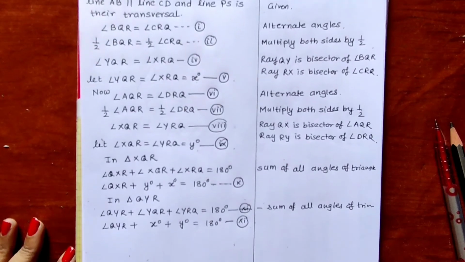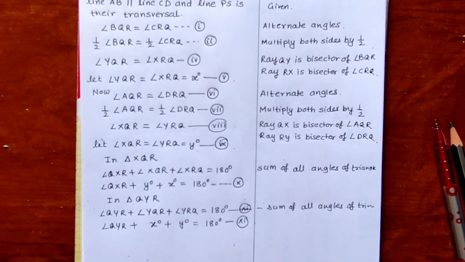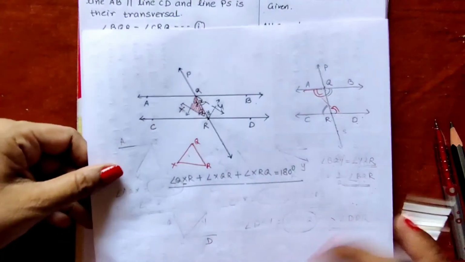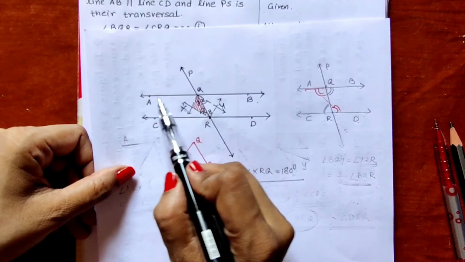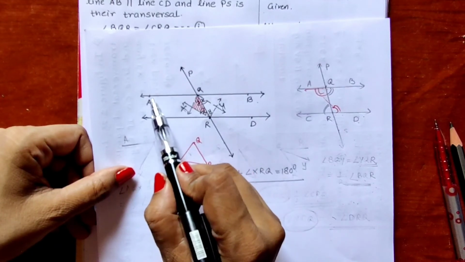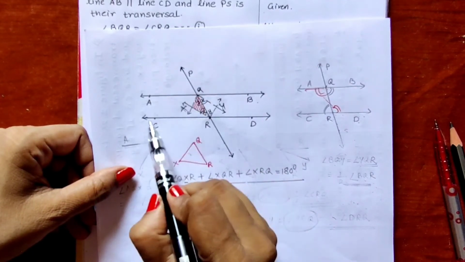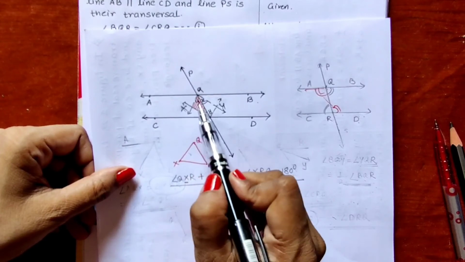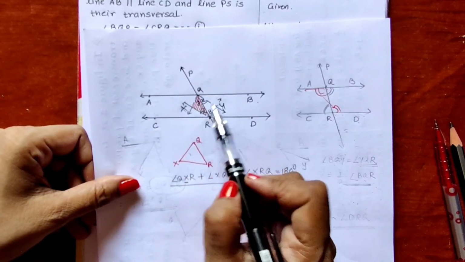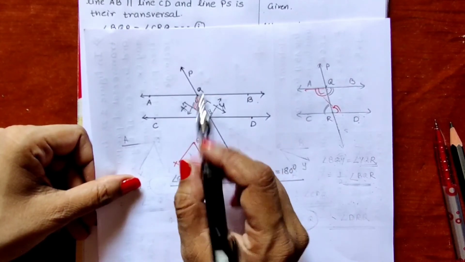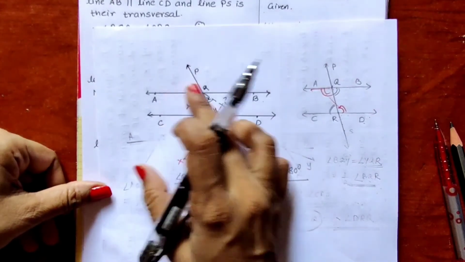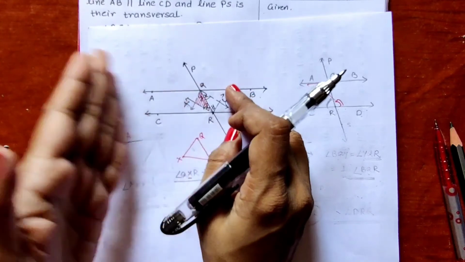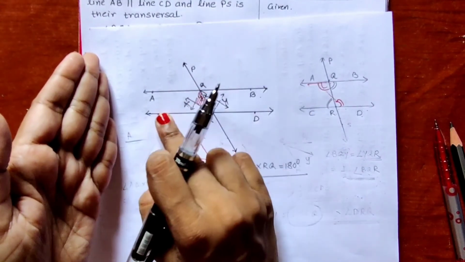Now once again we will be observing the diagram. In the diagram we can see that this AQR and CRQ are the angles which are inside these two lines and they are on the same side. That means they are interior angles.